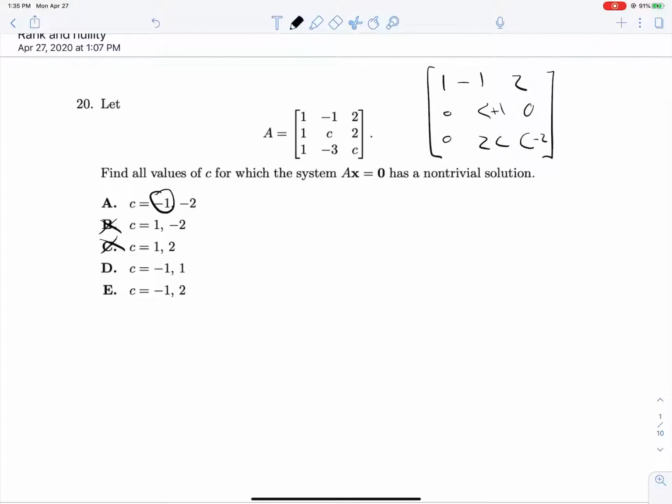So we're going to get rid of this and just write 1, -1, 2, 1, C, 2, 1, -3, C, and plug in -2, 1, and 2 and see what we get. -2 and -2. Let's see if that works for anything. Let's subtract row 1 from row 2.